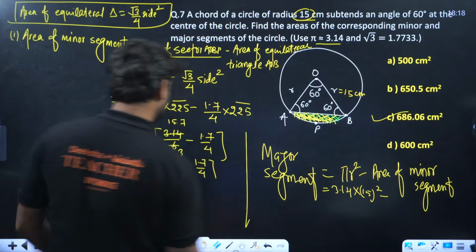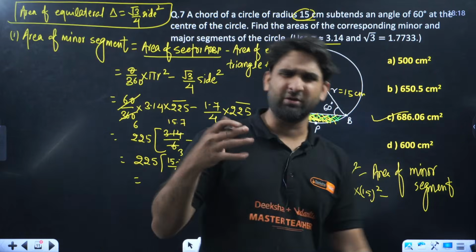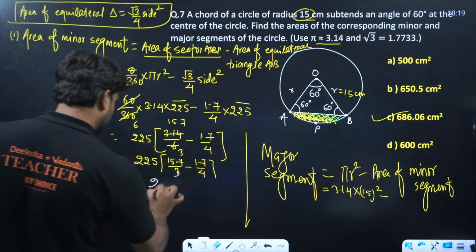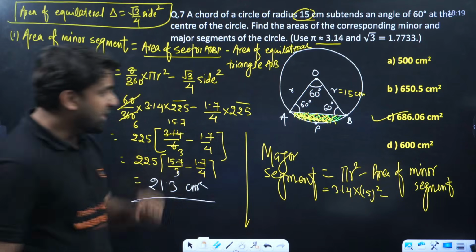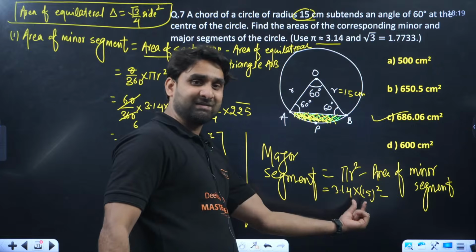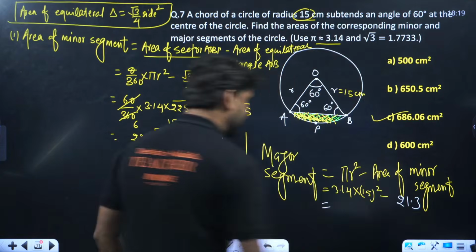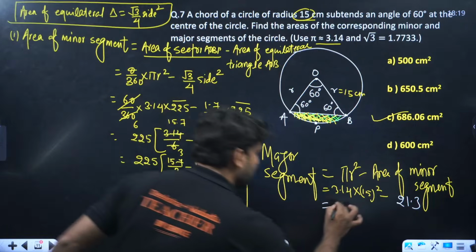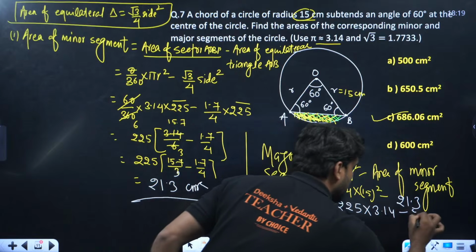When you solve the minor segment area, it will be approximately 21.3 something centimeter square. Area of entire circle minus 21.3. Now solve this. 15 square is 225, into 3.14 minus 21.3.